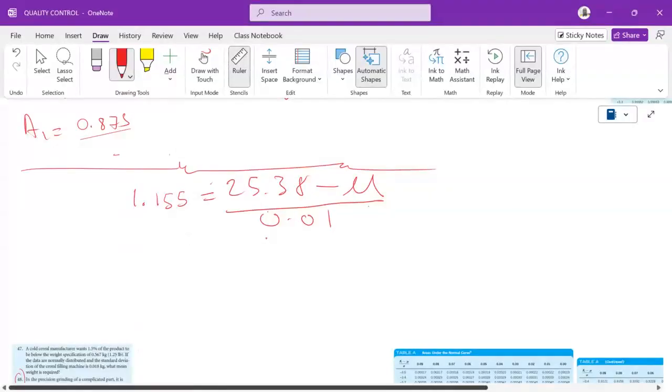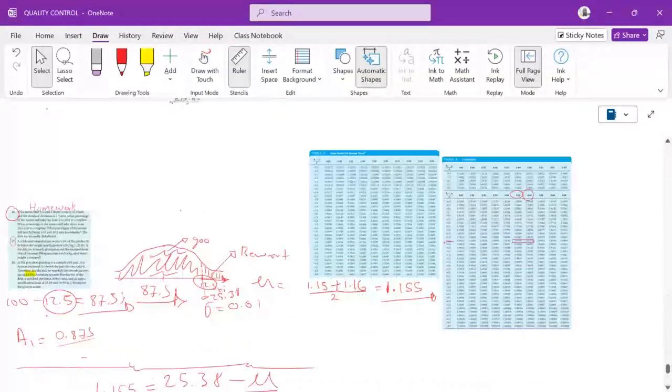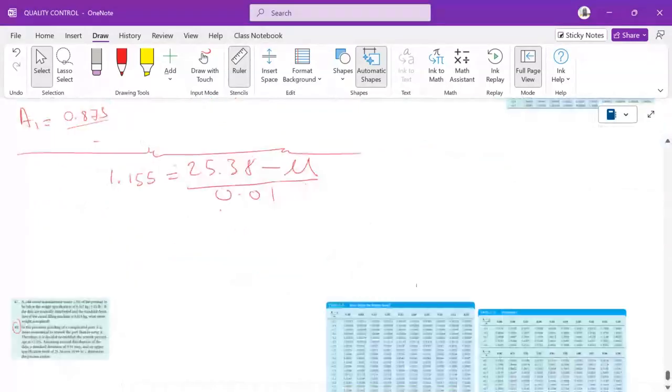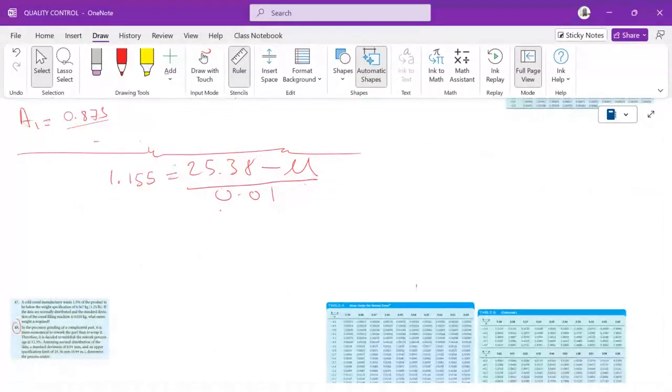I need to confirm my standard deviation again. Okay, 0.01, it's fine. Then that's my Z. So my Z is 1.155 times 0.01. Then I'm getting my value, and then I need to shift them around. This goes that side, this one goes this side.